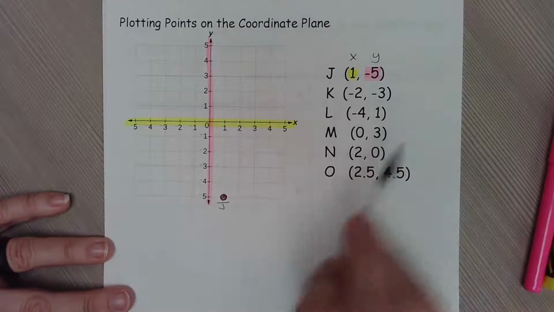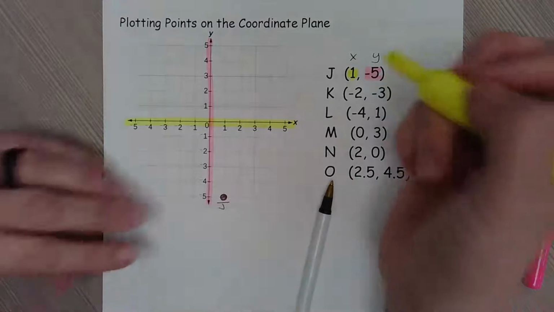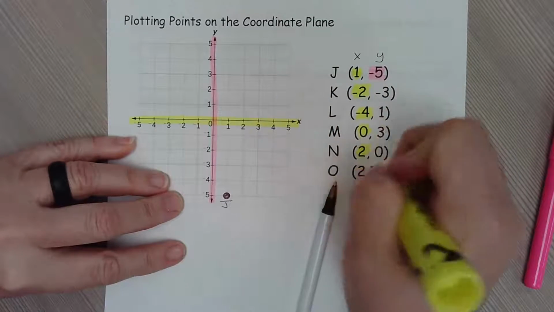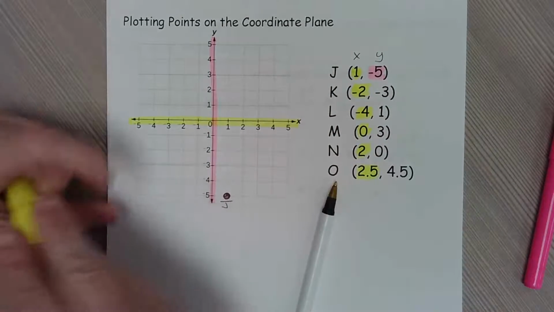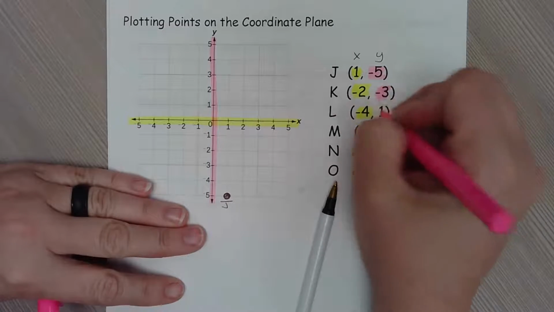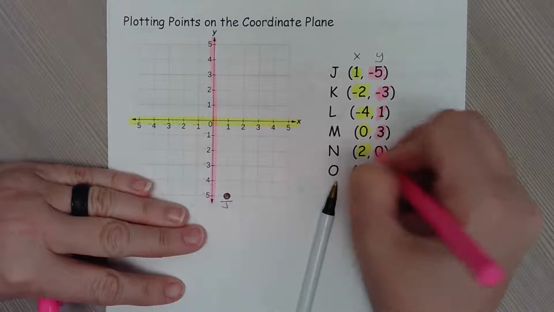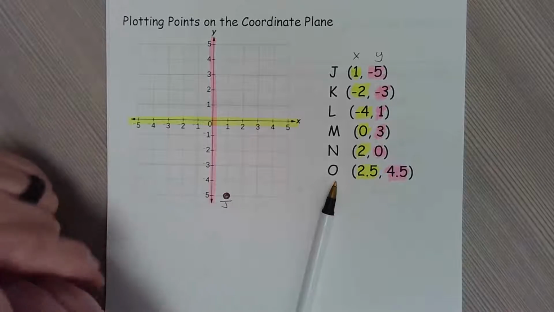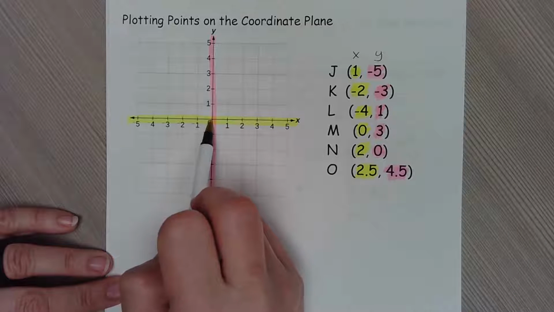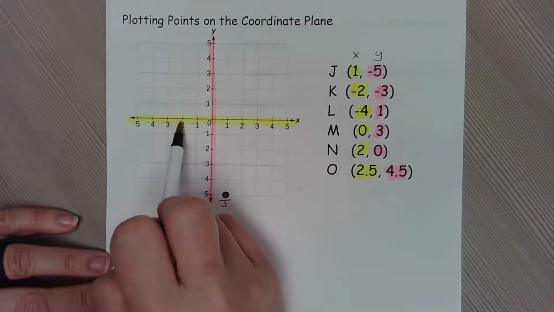Next up, we have negative 2, negative 3. I'm going to go ahead and highlight real quick all of my first numbers, and then all my Y values, my second number. Okay. So a negative 2. So starting at your origin, negative 2, there we are.